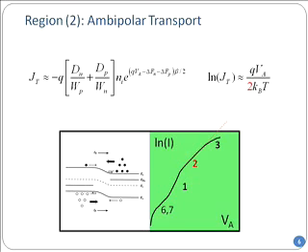In previous expressions, I just had beta, 1 over kT, but now I have that factor of 2, and I want to explain why that factor of 2 comes in, and why in the ambipolar regime the slope in the exponential becomes half of the diffusion limited regime. That's what I want to explain.